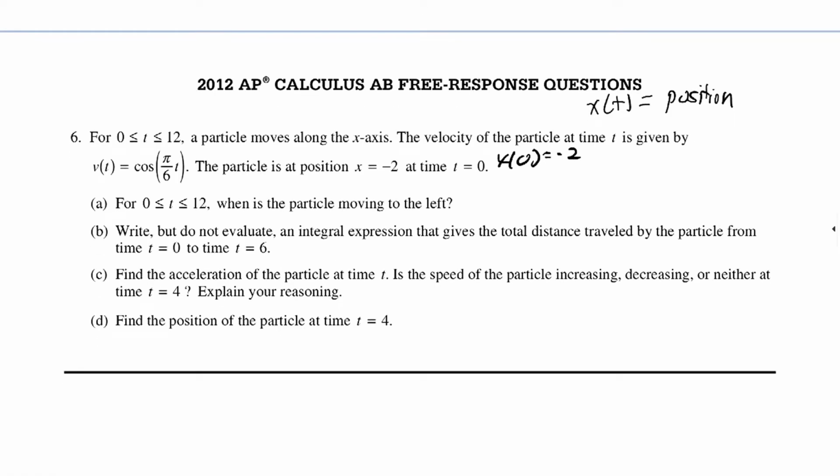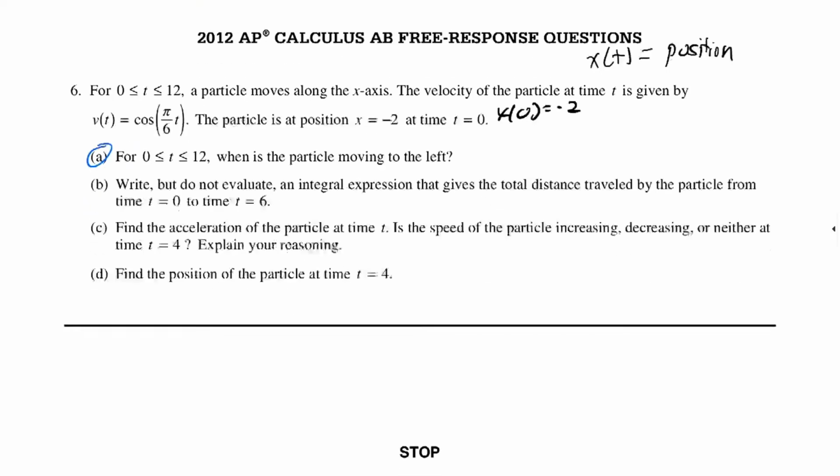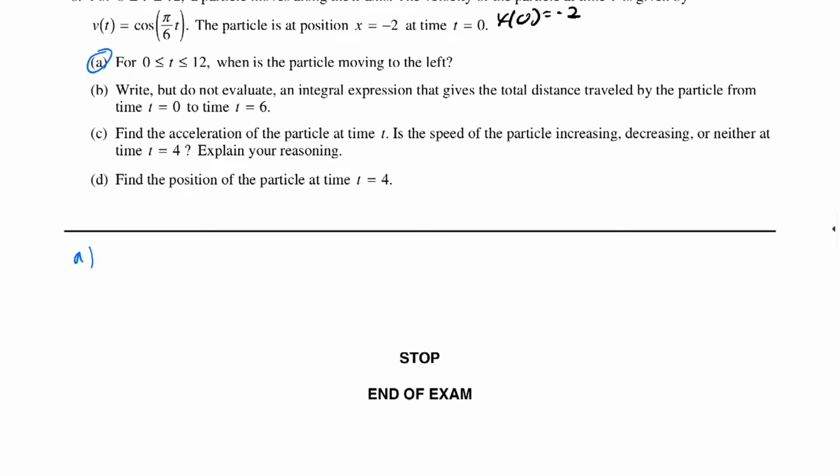Okay, so part A, let's get started. I'll do part A in blue. Part A is, when is the particle moving to the left? The particle is moving to the left when velocity is negative. So we need to find when velocity is negative. v of t is equal to cosine of pi over 6t. First we set this equal to 0.